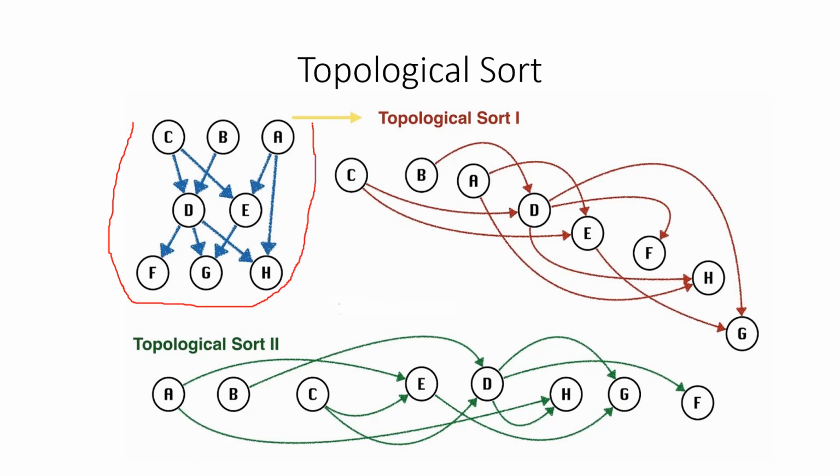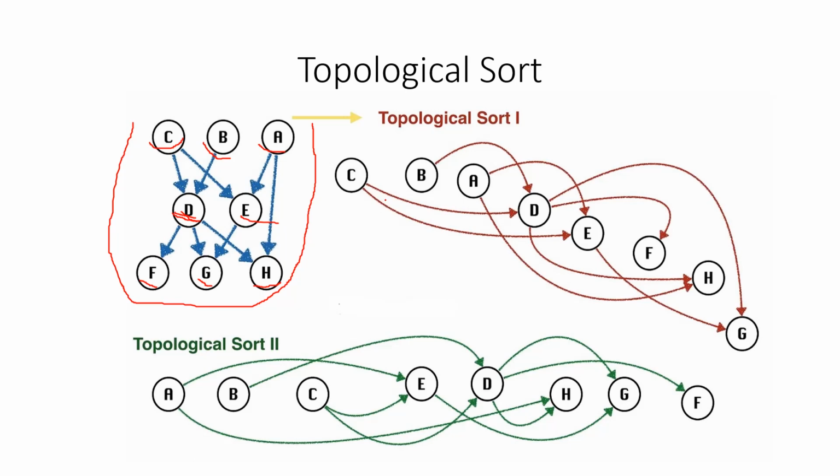After the sorting, if you have an edge from A to H, A will always be before H. Here there are edges that go from C to D and E, and after the sorting, C will always be before D and E. And here is B. B will always be before D. And D will always be before F and G because there are outgoing edges from D to F and G.